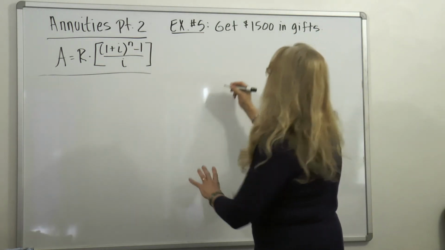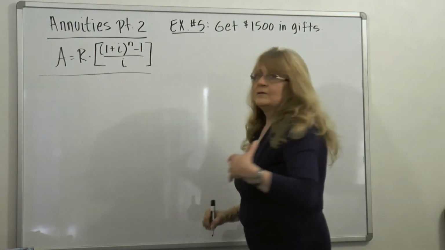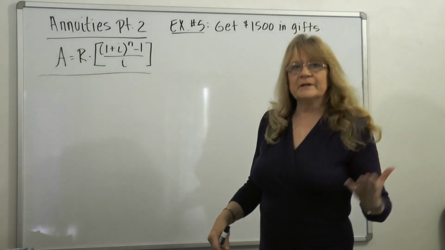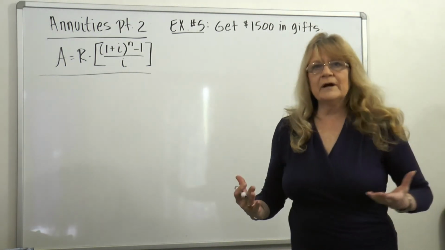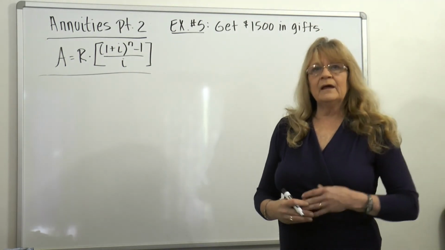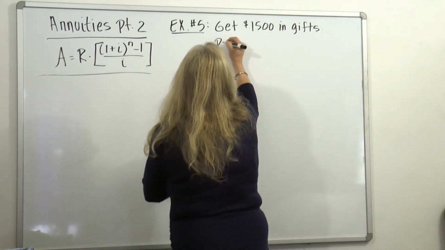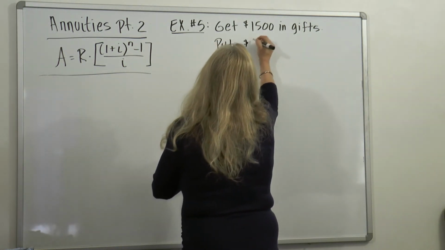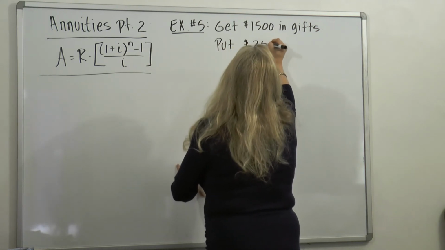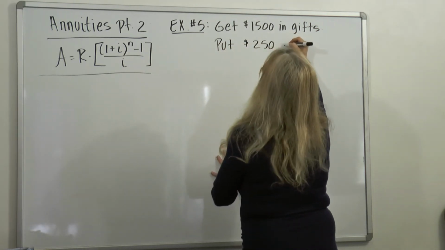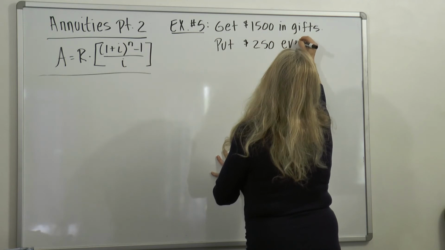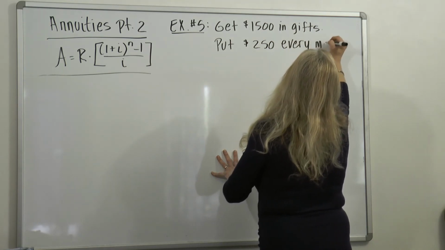And say you get a job, you had this awesome internship, and then they hired you right after graduation, so you're making some bank. You're going to put some money away. So you're going to put $250 every month.